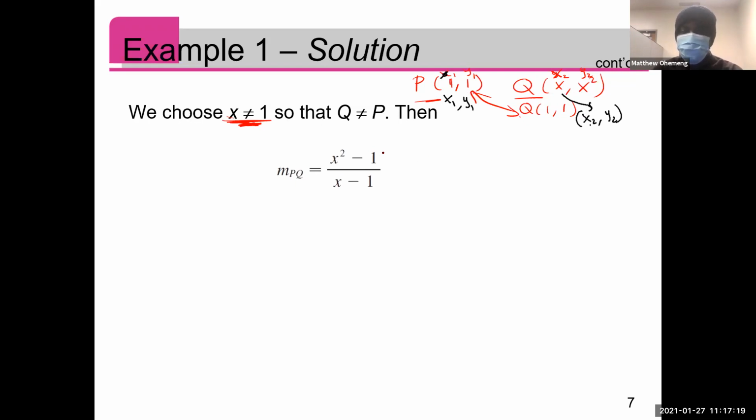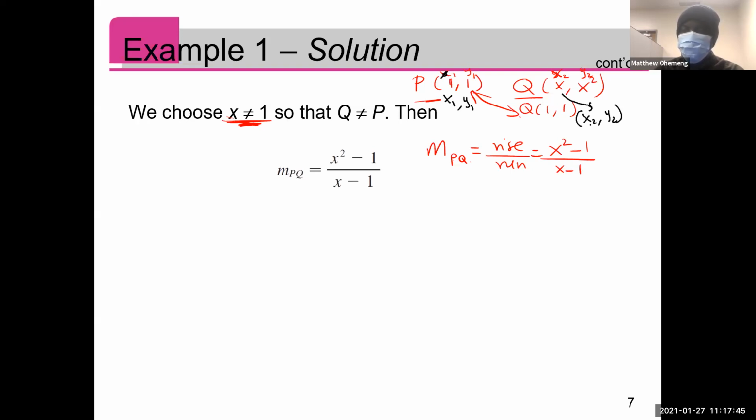So that's what you see here. You are calling it m_PQ, where P and Q are the points involved in finding the slope. That's going to be rise over run. So the formula is x squared minus 1, where the y2 is x squared and the y1 is 1, over x minus 1, where x2 is x and x1 is 1.